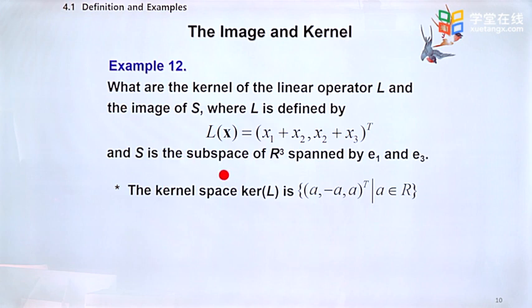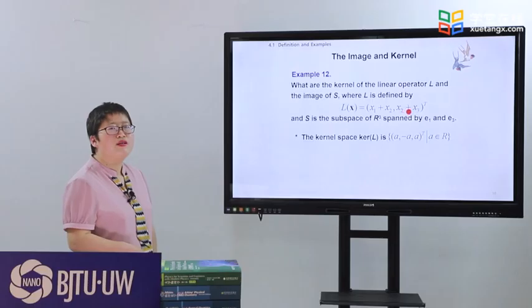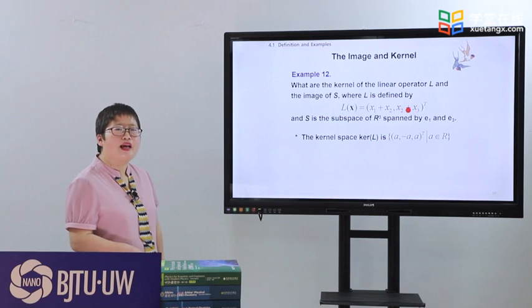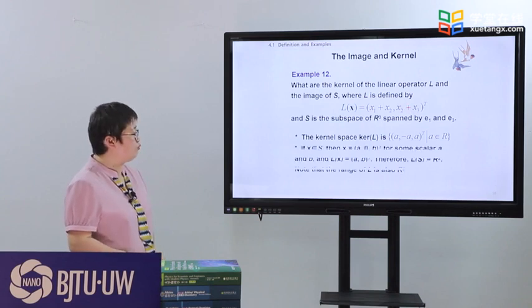However, the second component of a vector in this subspace S should be 0. So its image is just X1 here and then X3 here. And because this vector is in R2, the image of S can constitute the whole space R2.